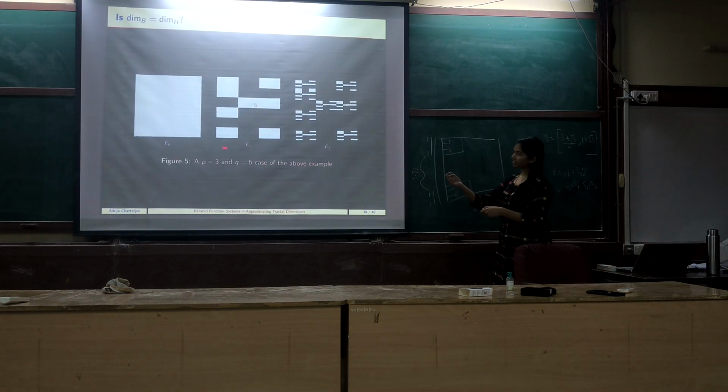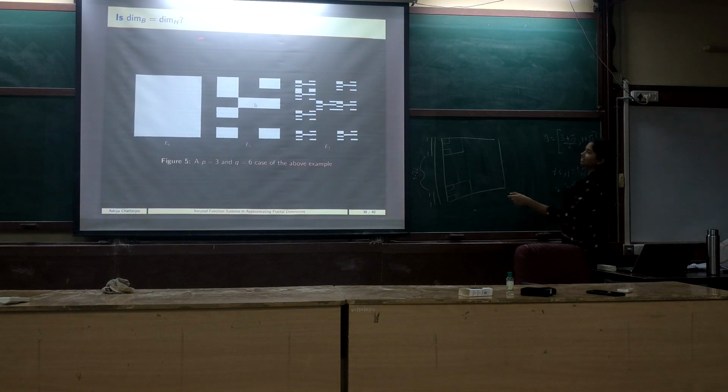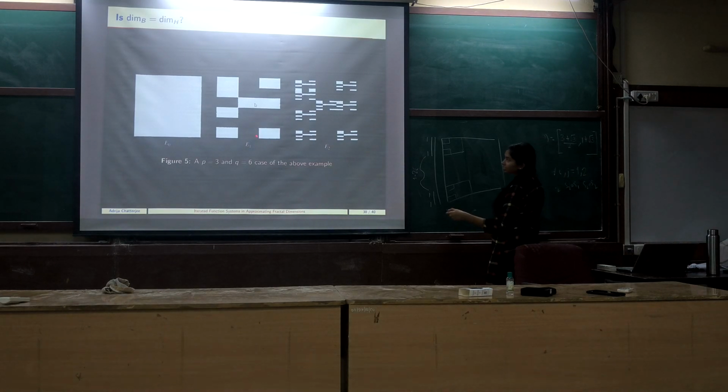So this gets divided into p cross q rectangles, and then you select rectangles randomly from your subarray. And then in this figure you repeat this process for each of the triangles remaining, and you choose the same triangles you chose in the beginning.